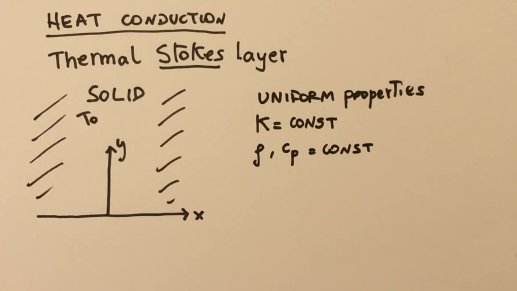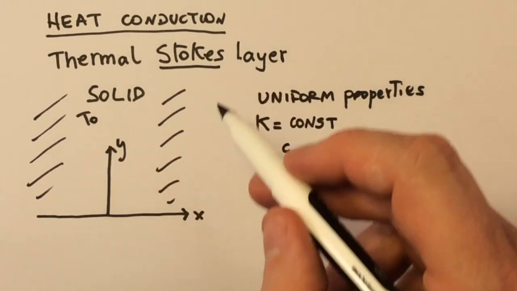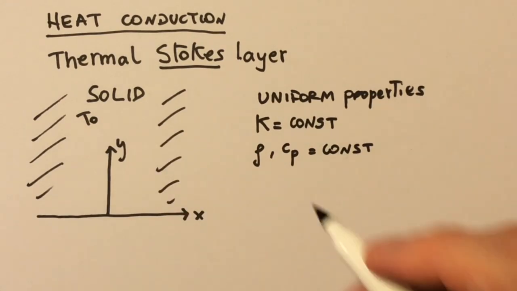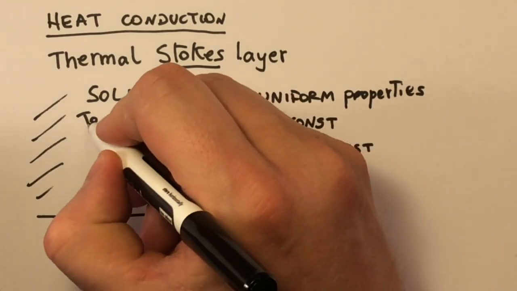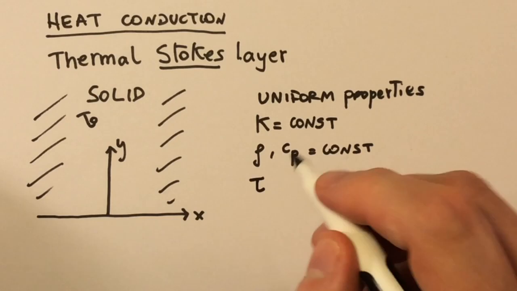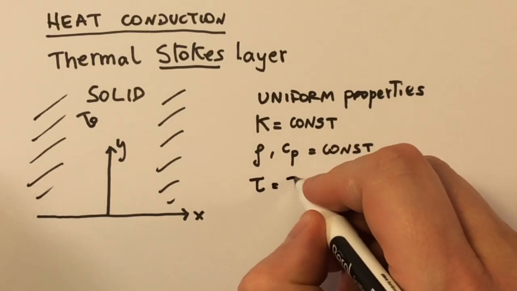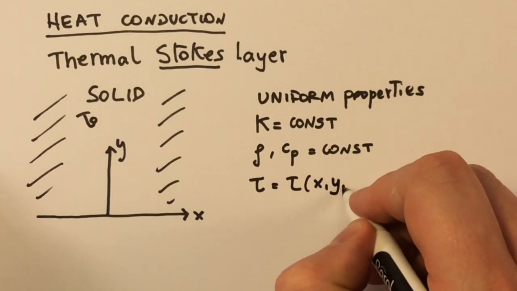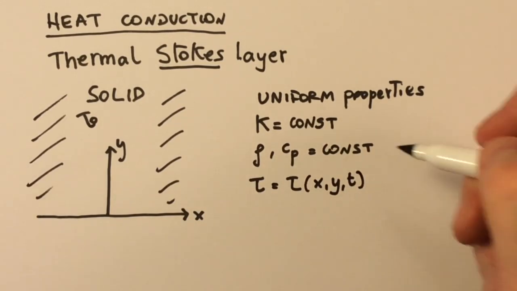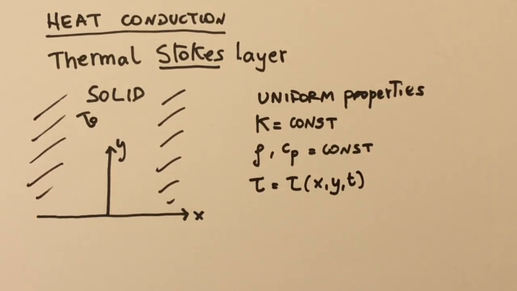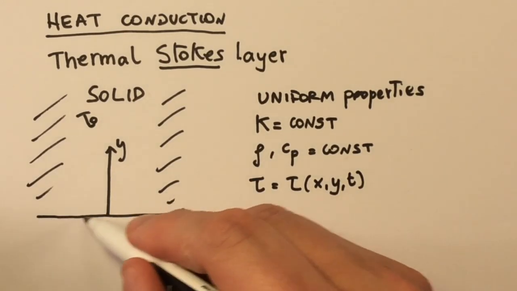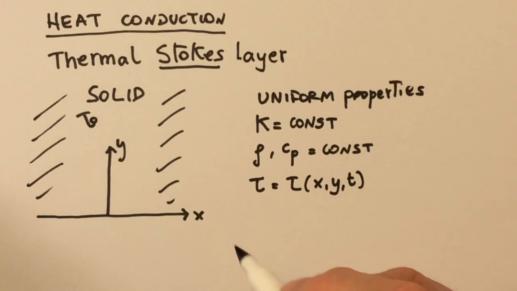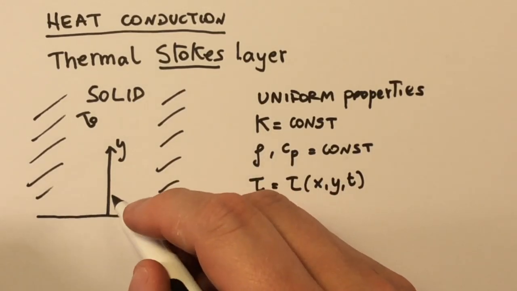So we're considering a 2D problem, so the temperature in this space only depends on, let's call this actually tau, it's better, tau. The temperature is only a function of x, y, and t. What we have is that the temperature of the solid surface depends sinusoidally in time.